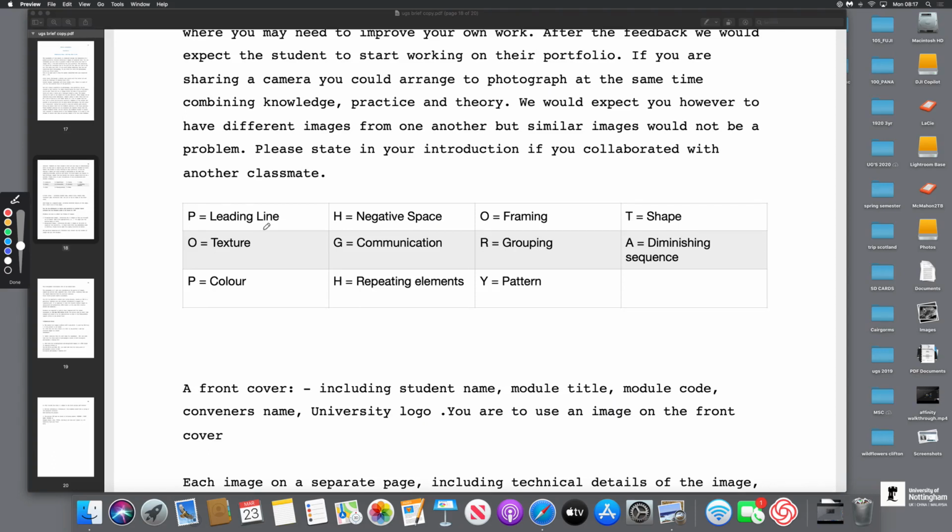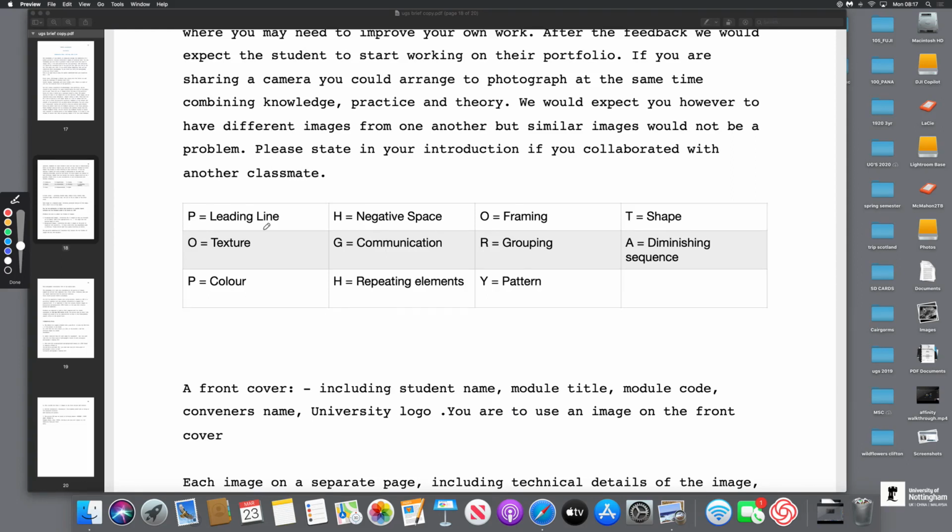Now if you cannot get 11 images with 11 different themes, then I'm happy about that. If for example you couldn't get a communication, supplement it with something else. So it might be the case that you have 2 textured images in your portfolio.